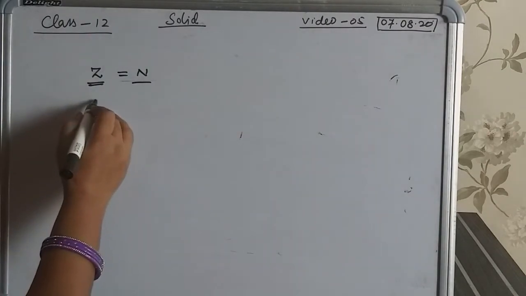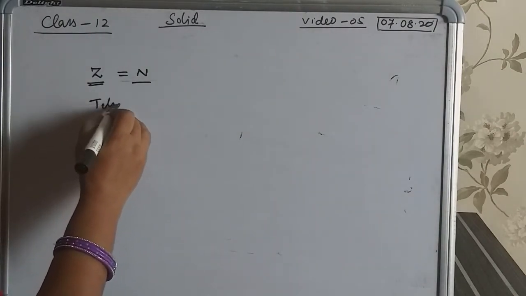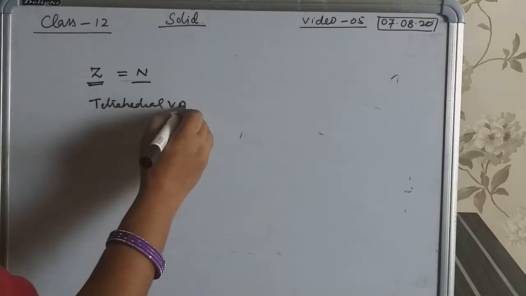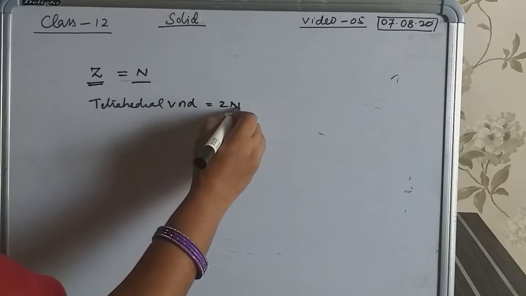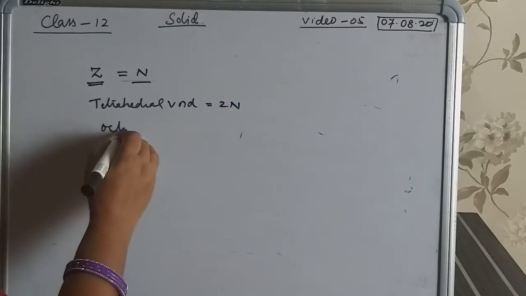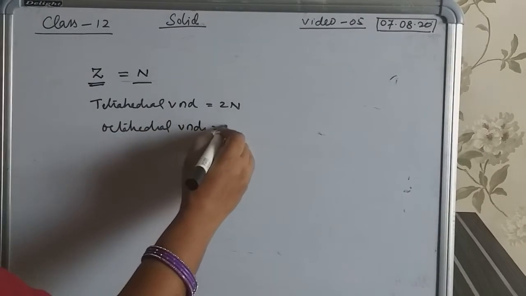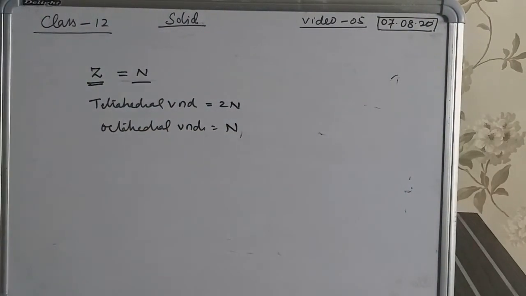If we find the total number of tetrahedral voids, it comes to 2n, and octahedral voids equal to n.